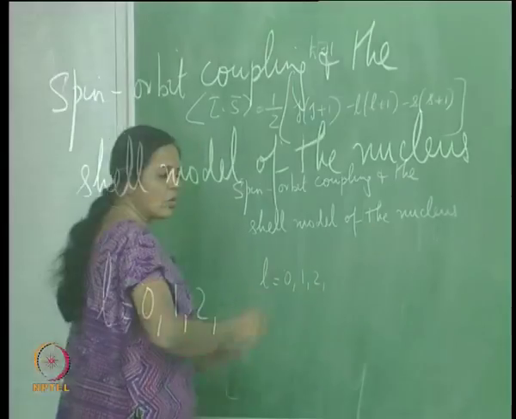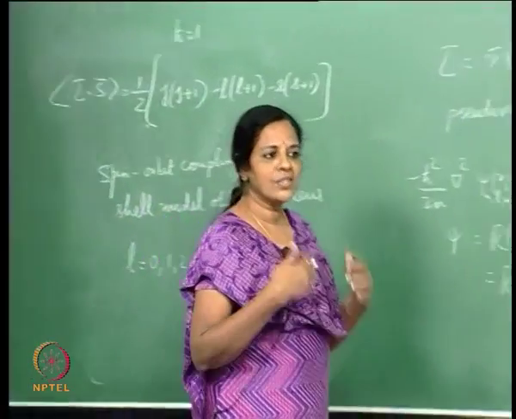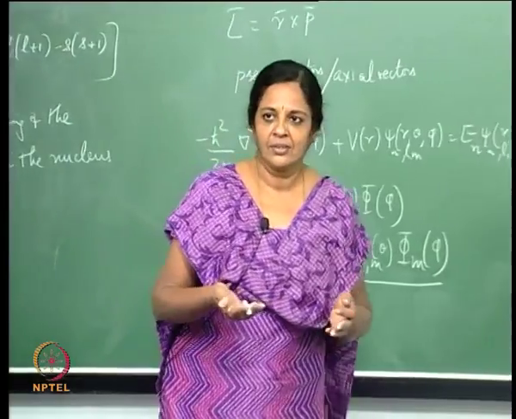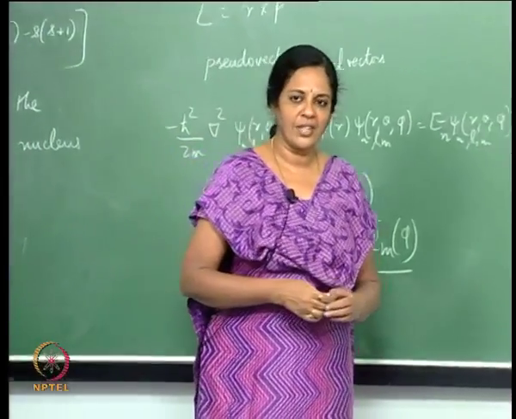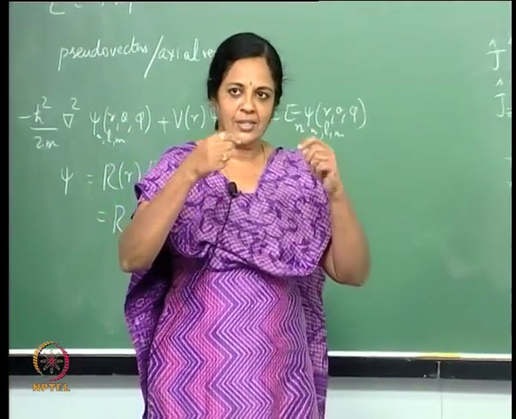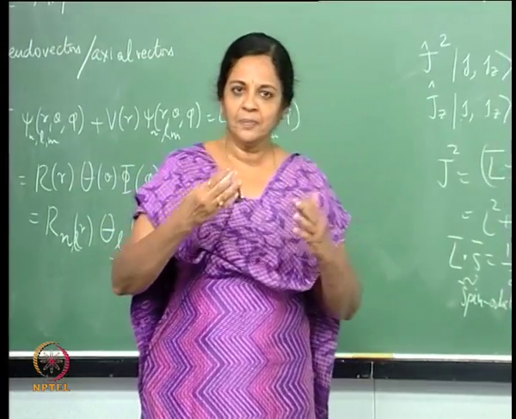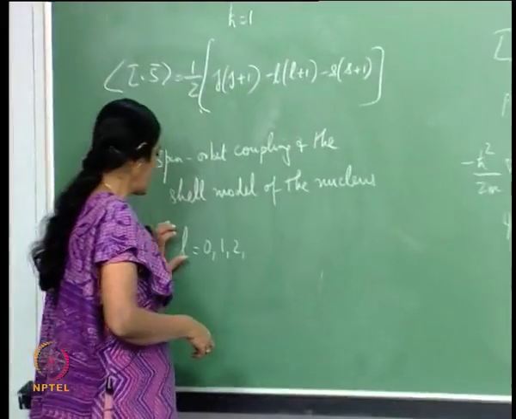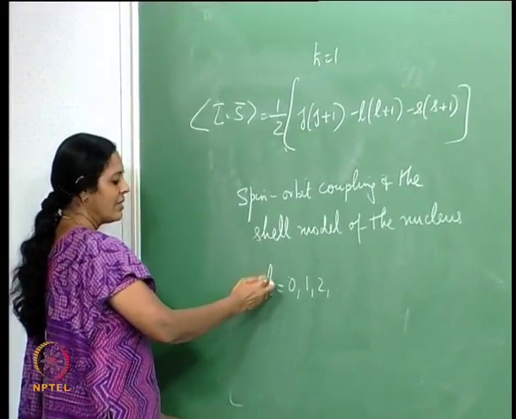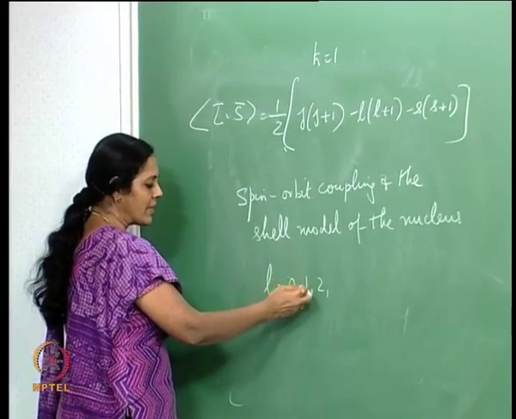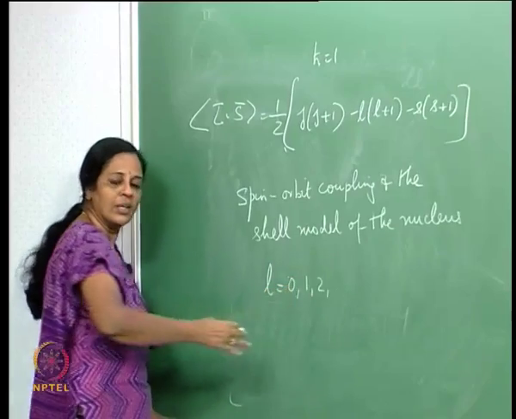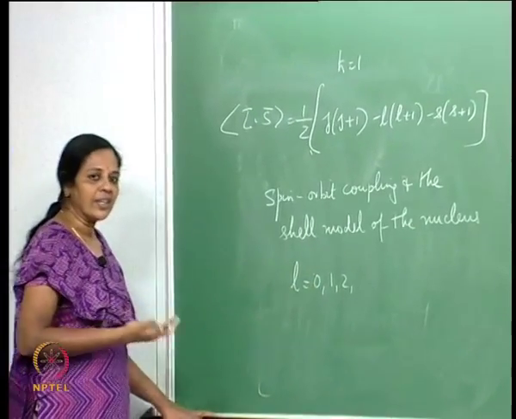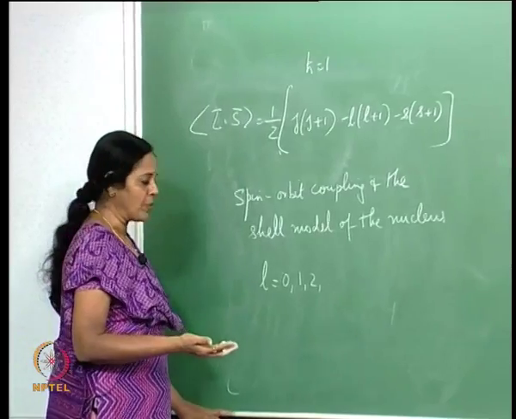L is equal to 0 corresponds to a shell, L is equal to 1 corresponds to another shell, L is equal to 2 to another shell, and so on. So, you fill up these shells in a certain order starting from L is equal to 0, fill up protons in the various shells, that means in the L is equal to 0 state, in the L is equal to 1 state, 2 state, and so on, as many protons that are there in that particular nucleus that we consider.